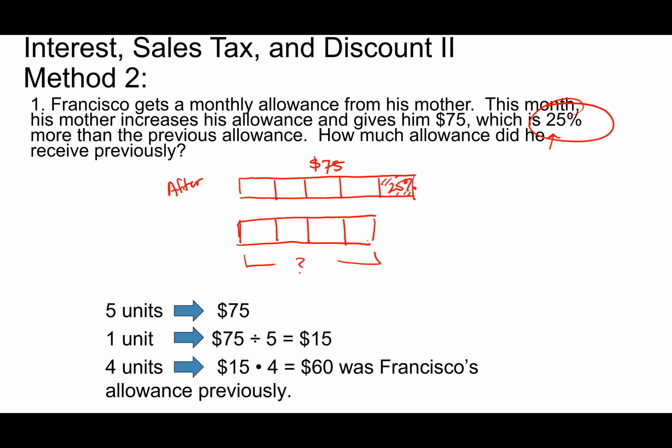So that would just mean that after Francisco gets his raise, he's earning an extra 1 unit. Does that make sense to you guys? It's another way to do it. That's a fair way to do it. But again, you can always just assign the percentage to the new amount, take it down to 1%, and then multiply by 100 if that's what you're solving for. Okay, just like we did in that first situation.